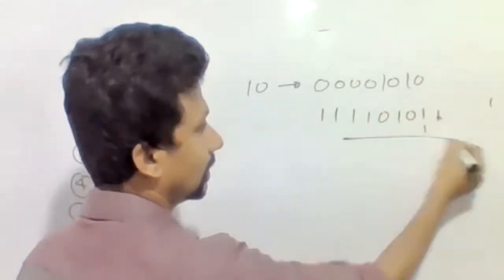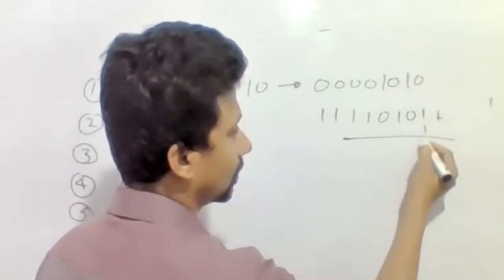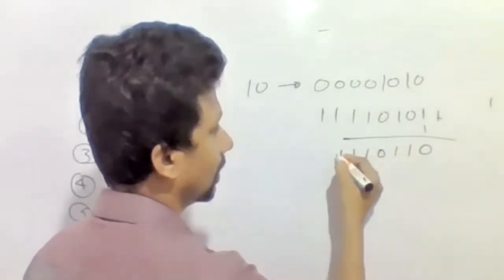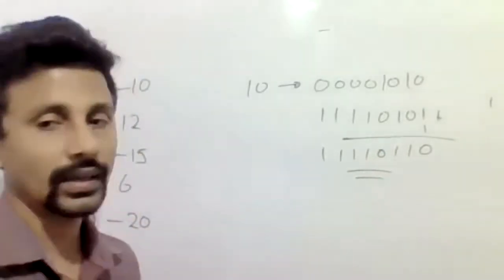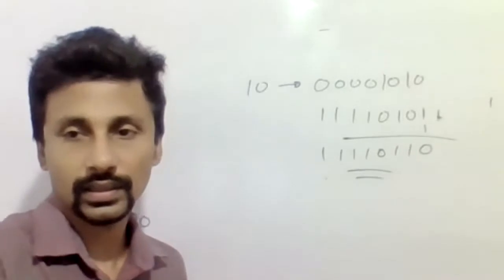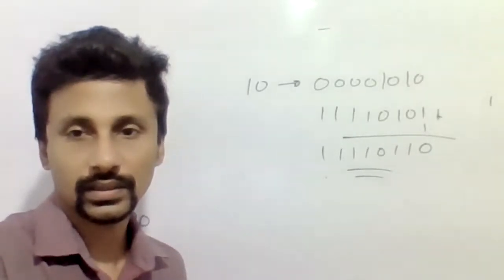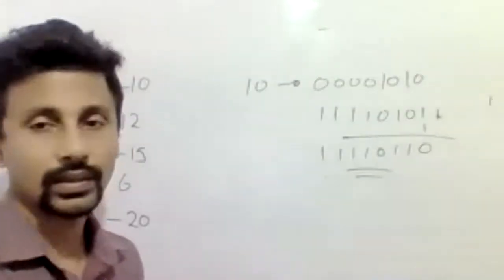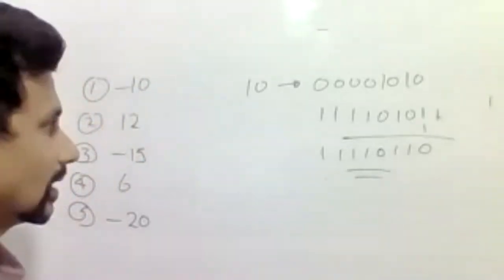Then add 1 to the LSB. There you get 1, 1, 1, 1, 0, 1, 1, 0. So this is your answer, minus 10. I think everyone has put the correct answers. Okay, good, right?